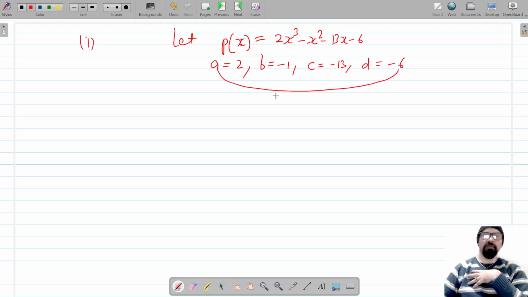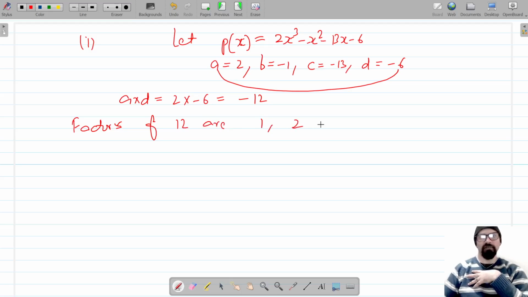So we are going to multiply a with d and write down all the factors of that number. So 2 into negative 6 is negative 12. And let's write down the factors of 12. So factors of 12 are 1, 2, 3, 4, 6, and 12. And let's assign them positive and negative signs.